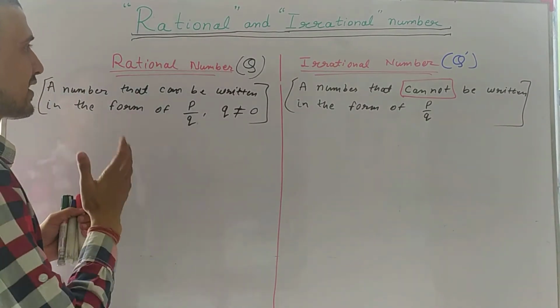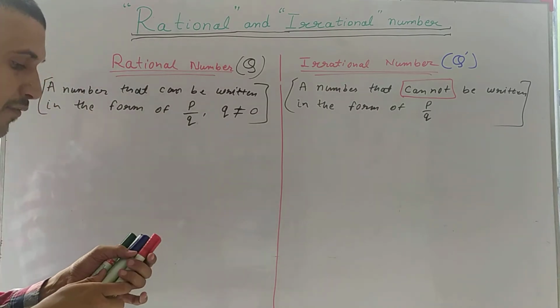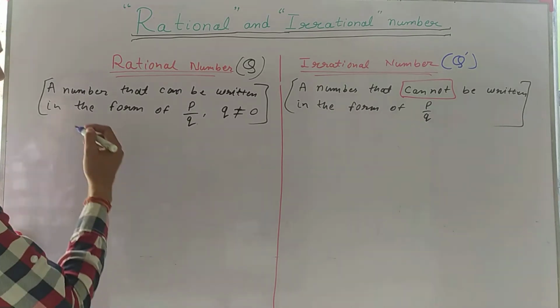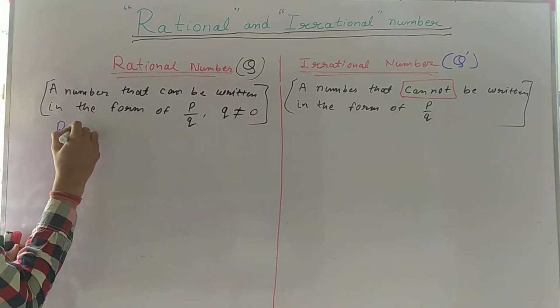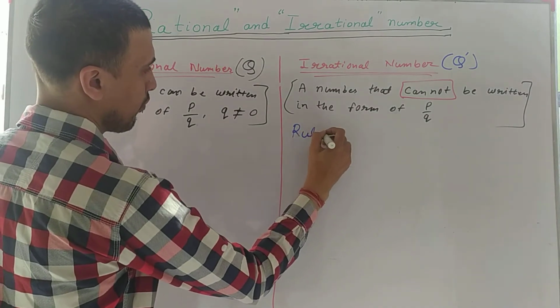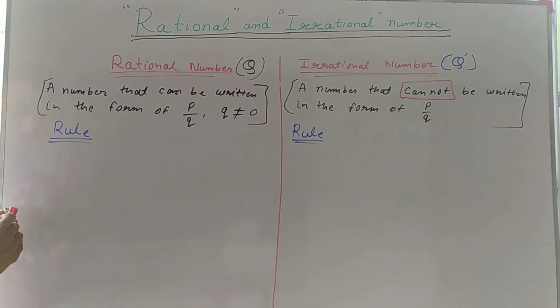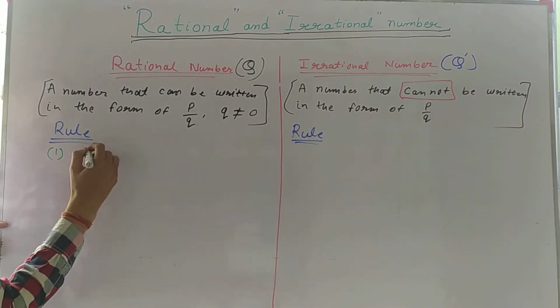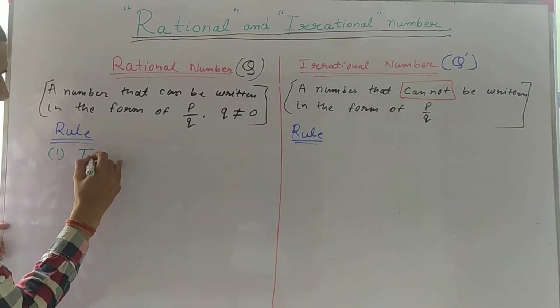Now, try to understand the rule of rational numbers and irrational numbers. It would be helpful to recognize the numbers. The rule is: rule number one, terminating.